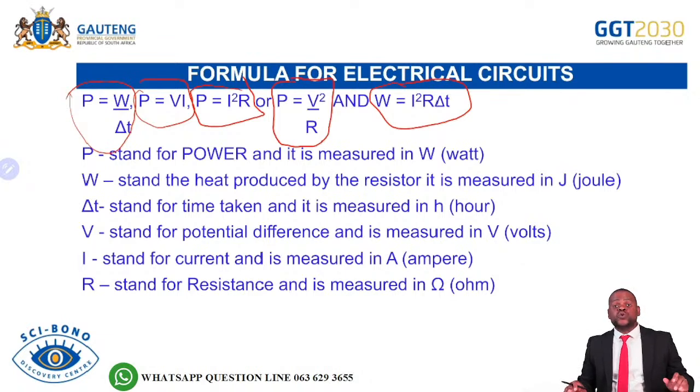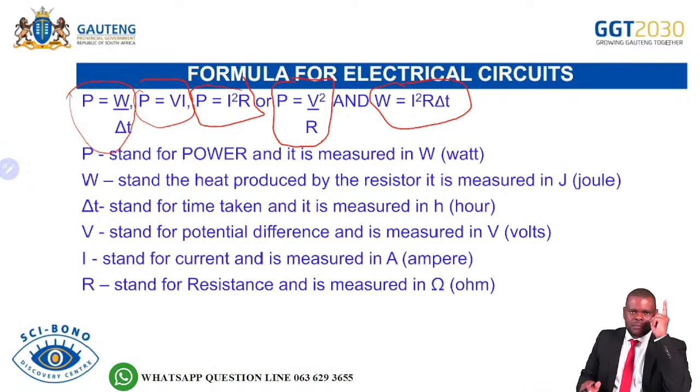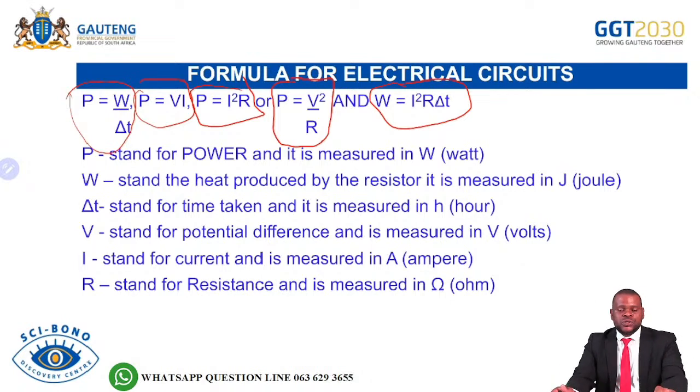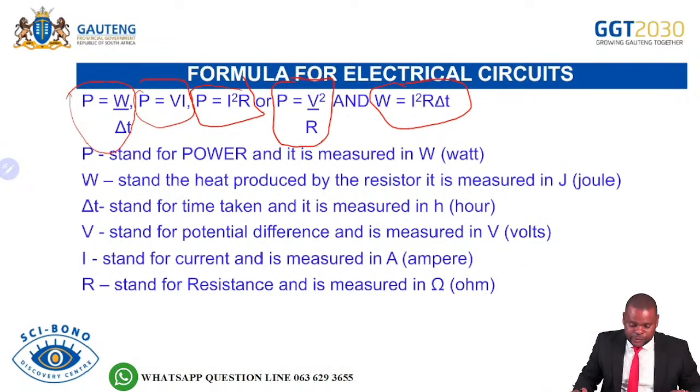So that when you choose the formula from the formula sheet during the exam, prelim and final exam, you know that you are choosing the correct formula, because you have 1 mark for each and every correct formula that you choose. Are we together, Grade 12? Yes. Okay, let's start again.